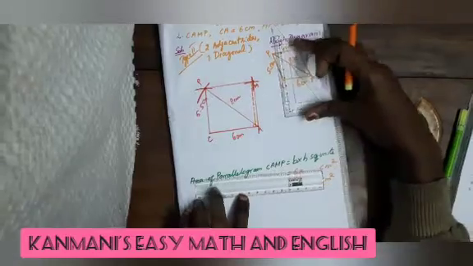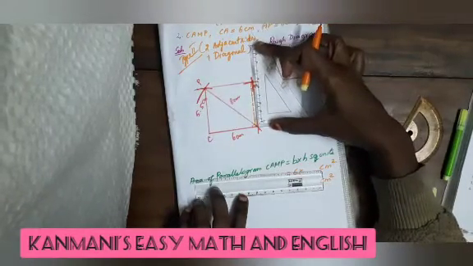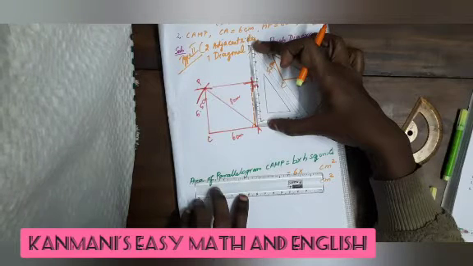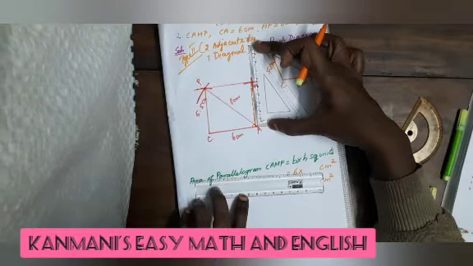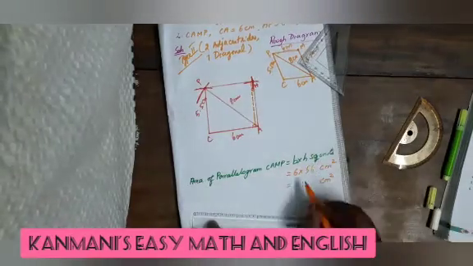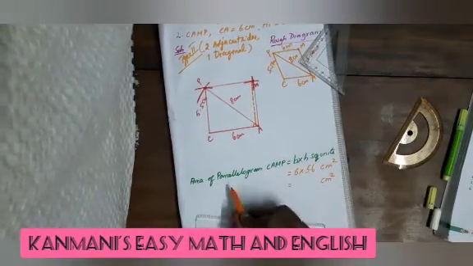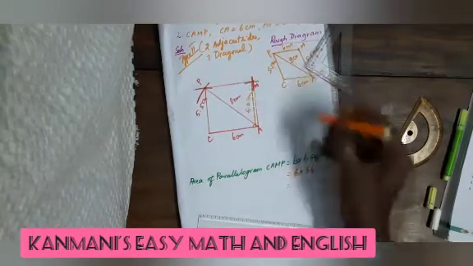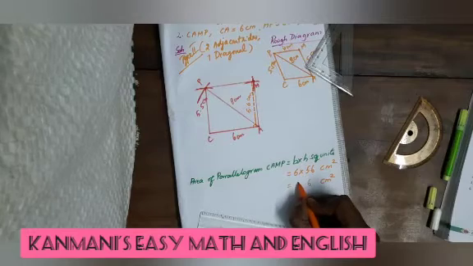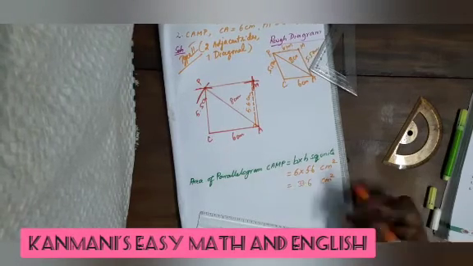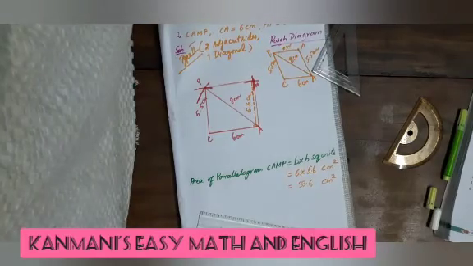You can measure and see the height is 5.6. So we can multiply the base and height because the formula for area of parallelogram is base into height. We will be getting 33.6 centimeter square.